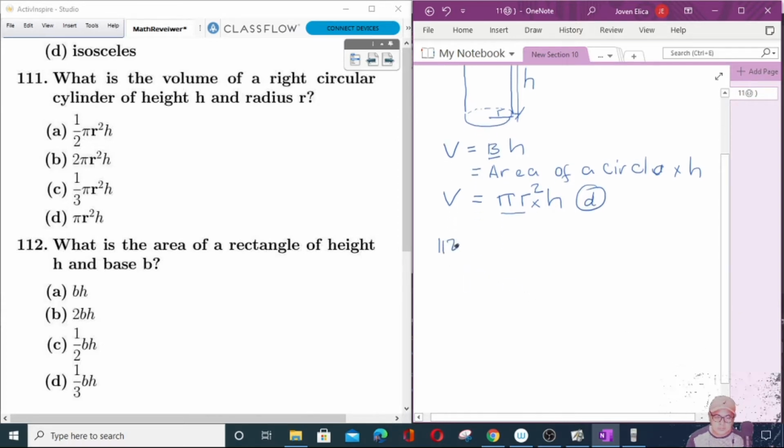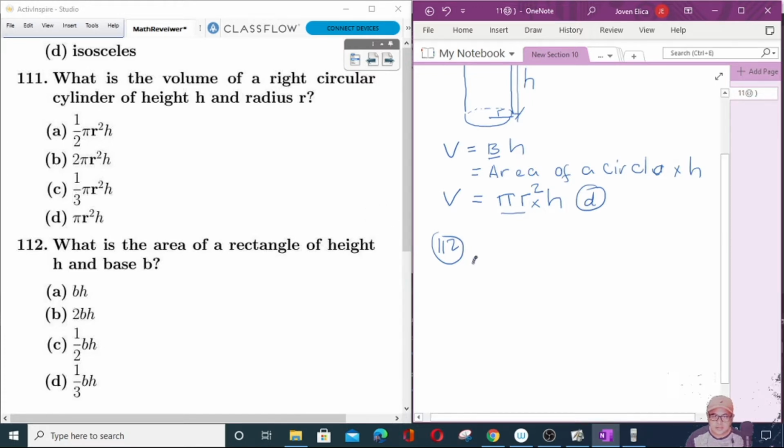112. Again, it involves the formula for the area of a rectangle. This time it is a rectangle. What is the area?